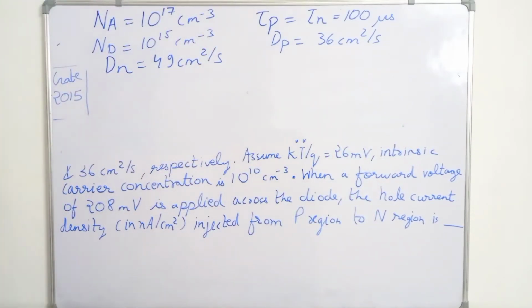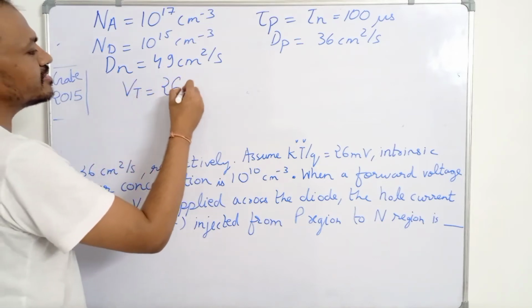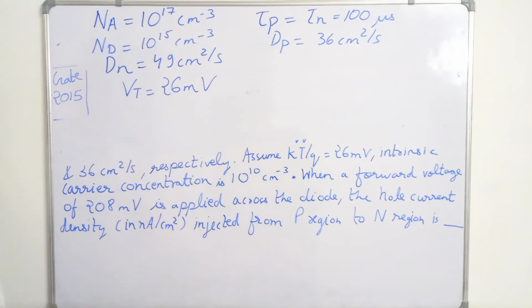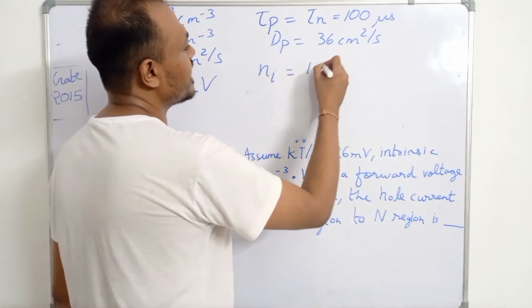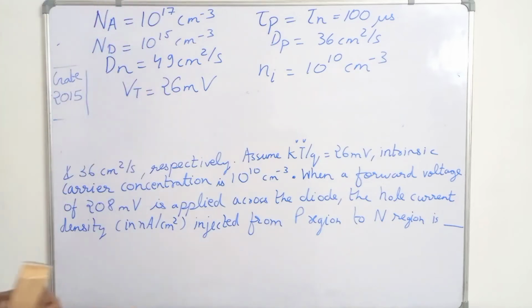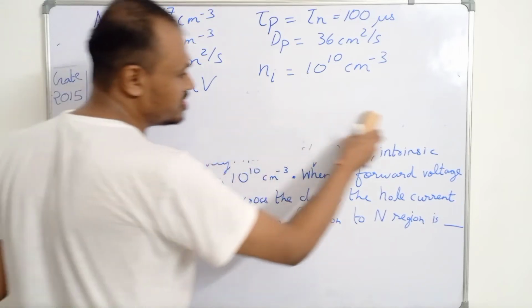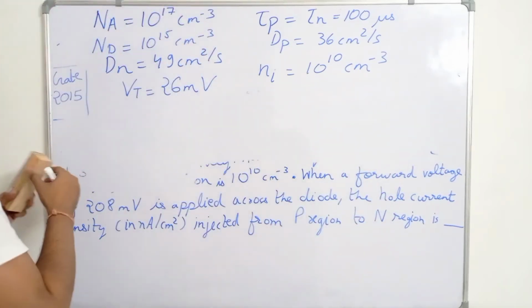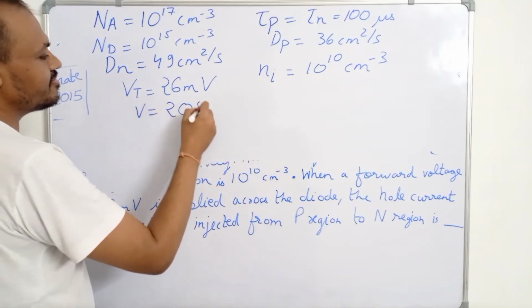Then kT by q is given as 26 millivolt, so Vt equal to 26 millivolt. Intrinsic carrier concentration ni is equal to 10 to power 10 per centimeter cube. And a forward voltage is applied, V equal to 208 millivolt.